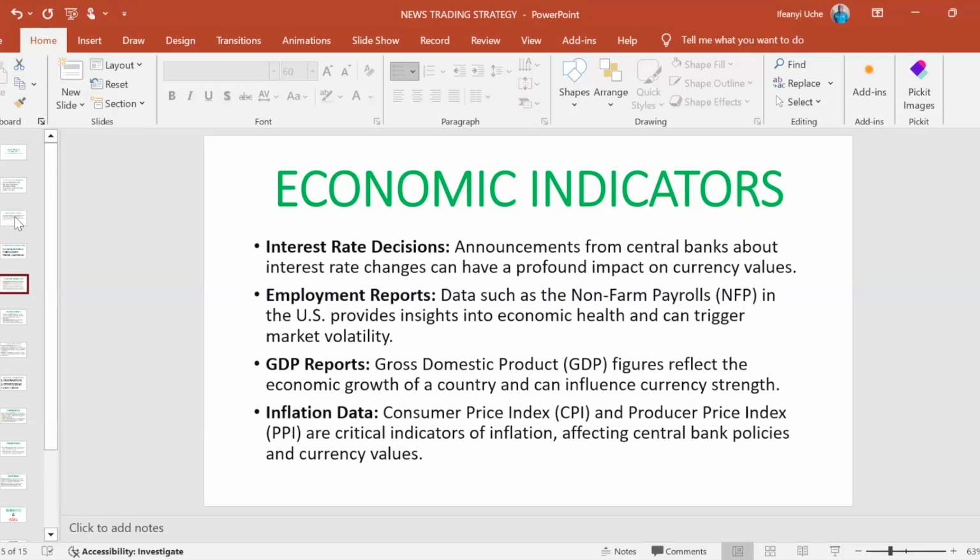These figures reflect the economic growth of a country. Then you have inflation data: consumer price index, producer price index, consumer confidence index, and a whole number of them that central banks monitor. They use them to gauge the economy, to know when they should become hawkish, dovish, or neutral.